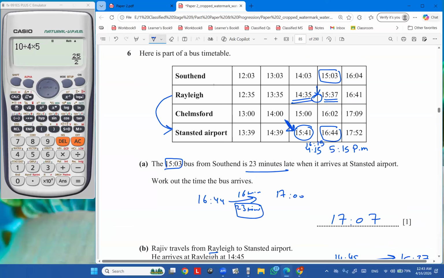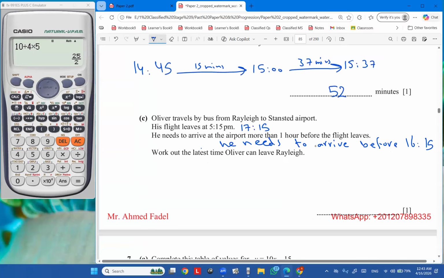He needs to arrive at this timing. So the time that he's supposed to take the bus from Rayleigh is actually 14:35 in order to arrive at 15:41. So the bus that he needs to take is 14:35.